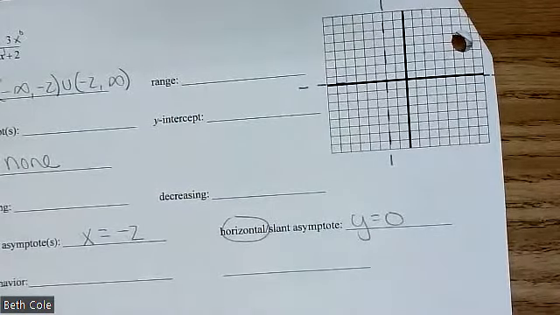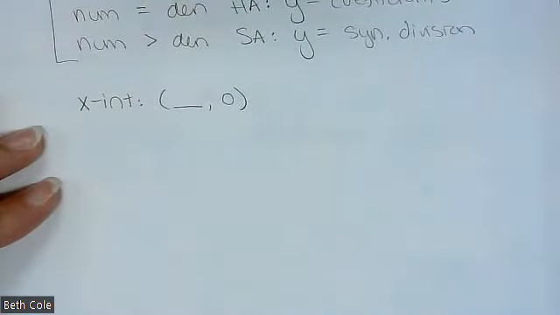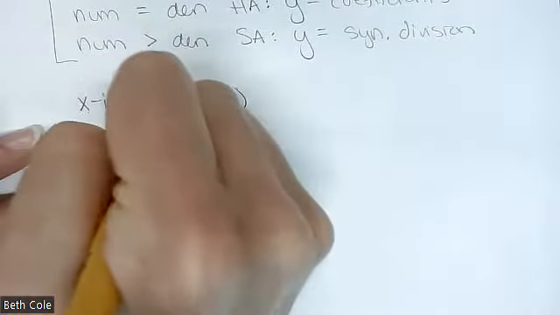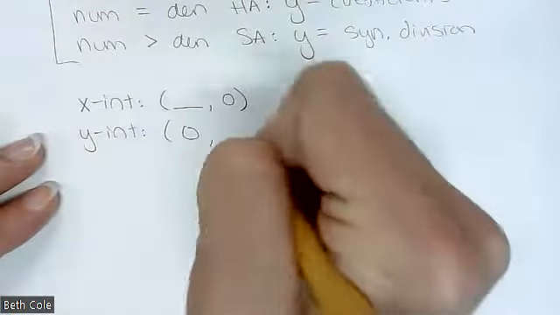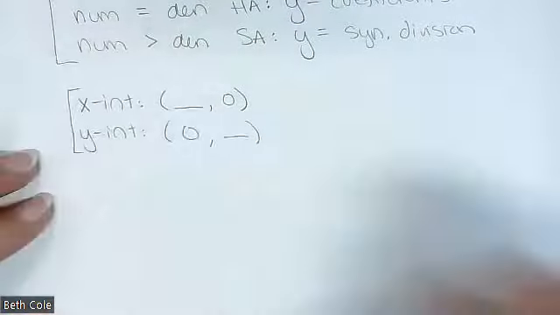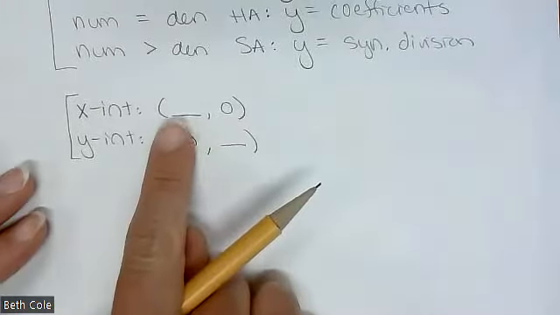All right, after that, you want to get some points to plot on your graph. So the next thing I would look at are the intercepts. Your x-intercept is going to be something, comma, 0. And your y-intercept is going to be 0, comma, something. So I would do those together. So x-intercept, something, 0.